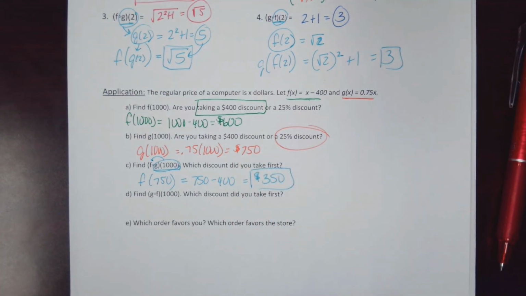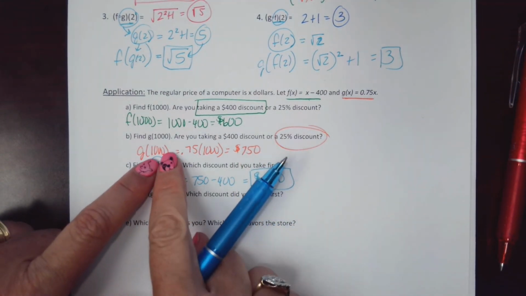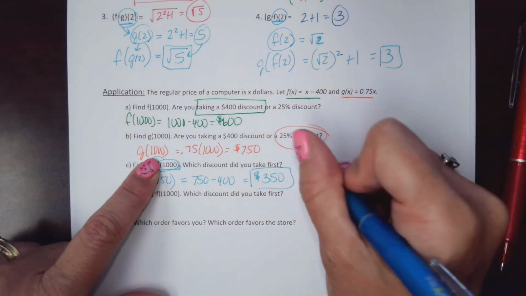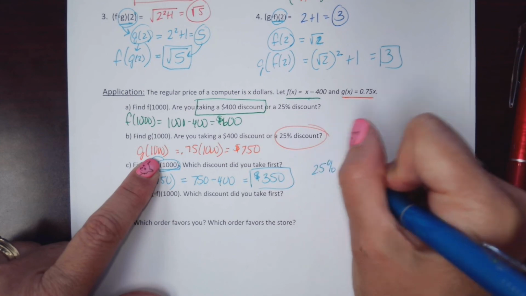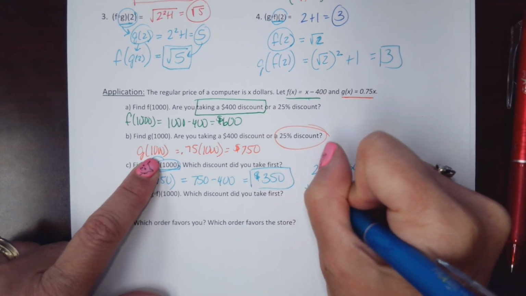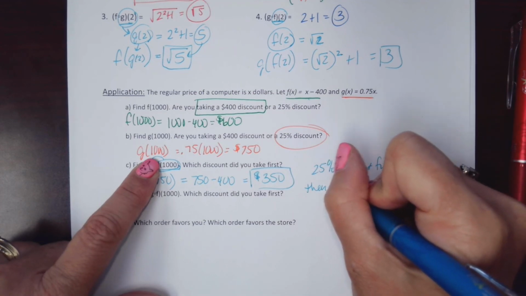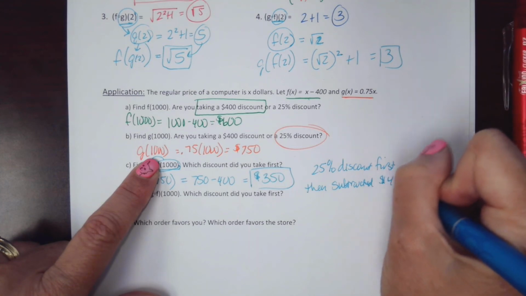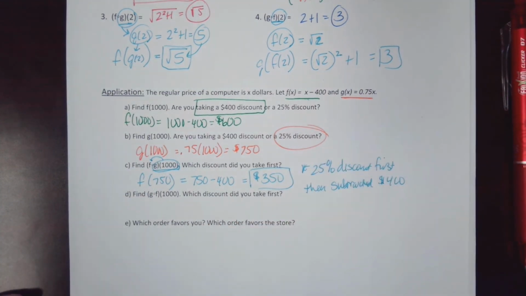Well, what did I do first? I started with g of 1,000, and that was my 25% discount. So first, I did the 25% discount, and then I subtracted the $400. That was my order here.